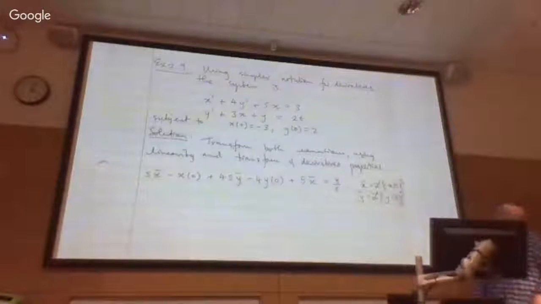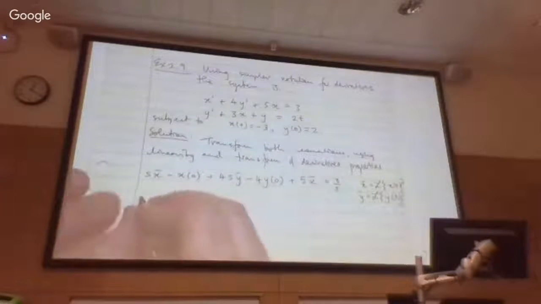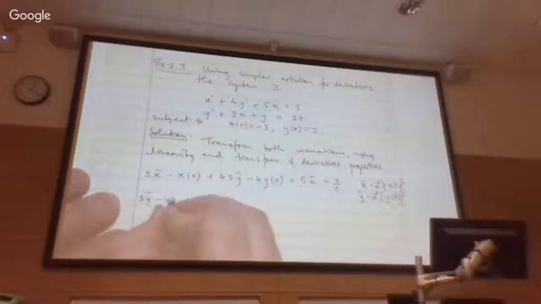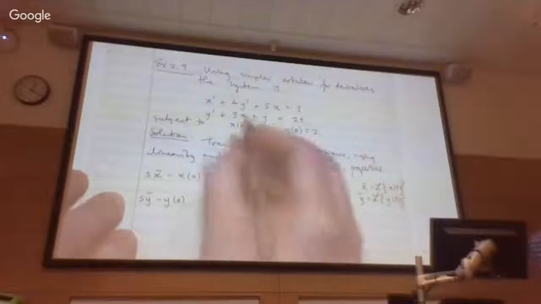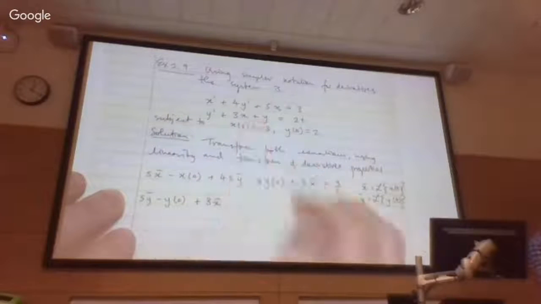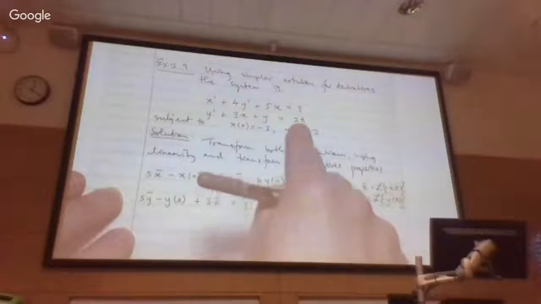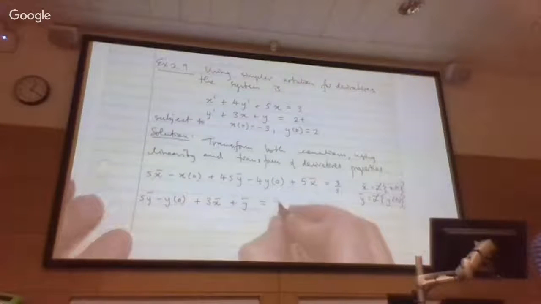The second equation: the transform of the derivative of y is s y bar minus the initial value of y. Transform of 3x is 3 times x bar. And the transform of y is y bar. And this is equal to the transform of 2t, which is 2 over s squared.